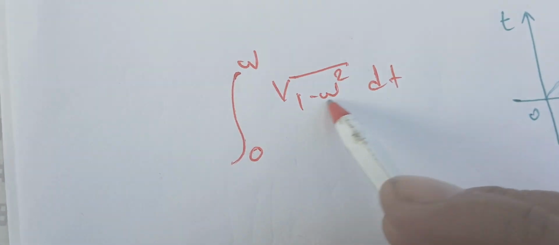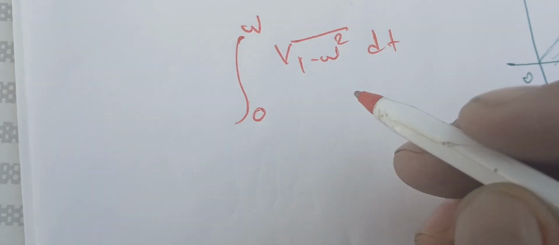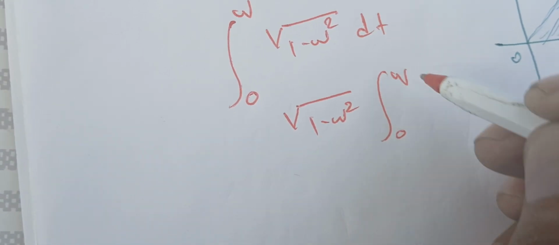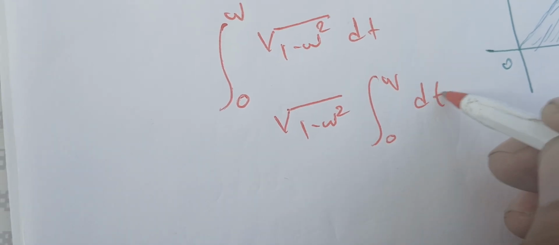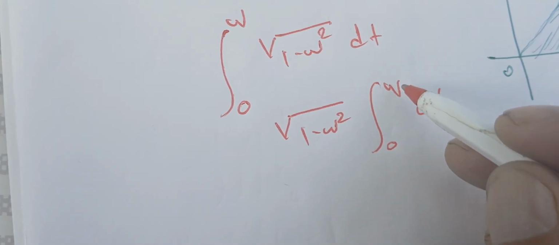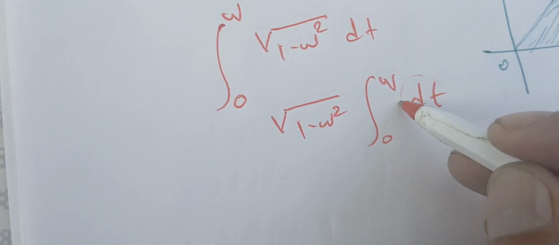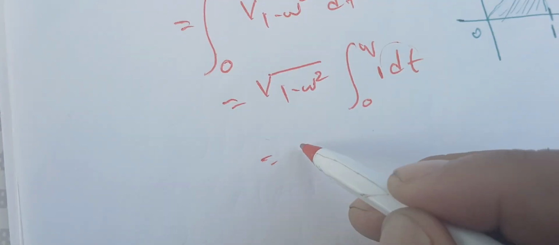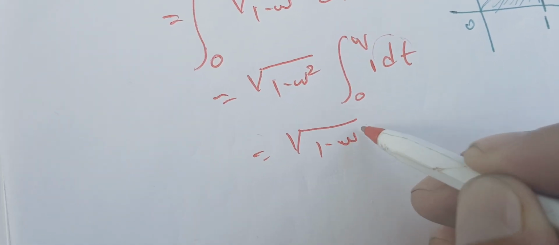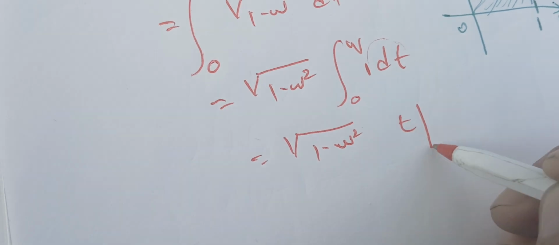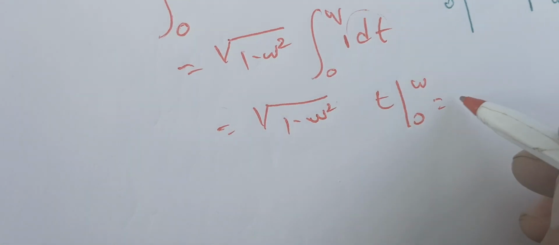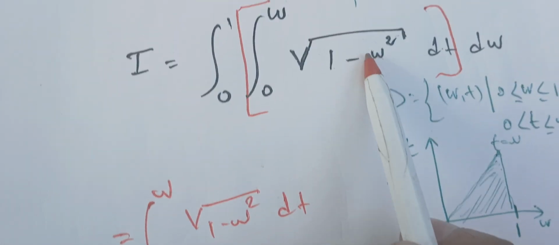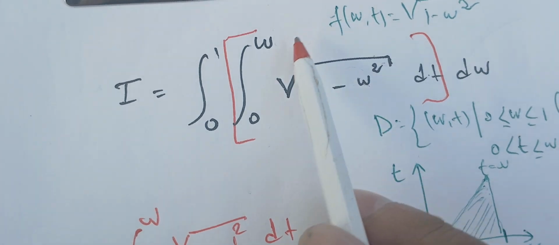We treat this as a constant, so we take it outside of the integral, and we are left with the integral of dt between 0 and omega, which is just 1 here. Therefore we get the square root of 1 minus omega squared times t between 0 and omega, and so we have omega times the square root of 1 minus omega squared. This is what we have between the red brackets.